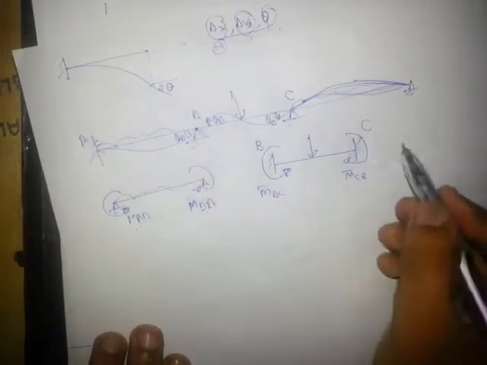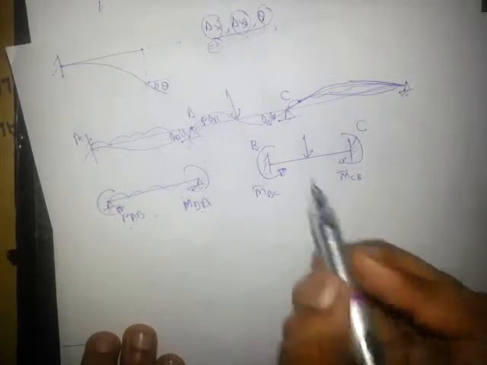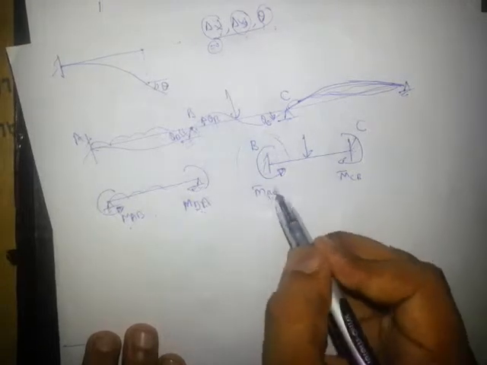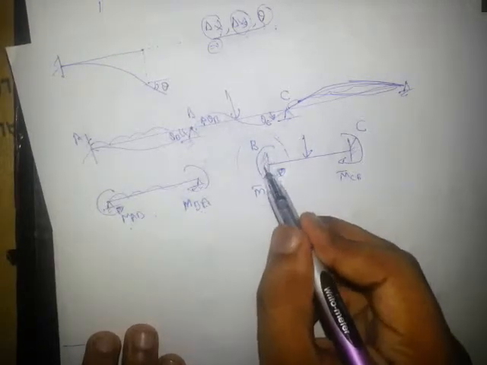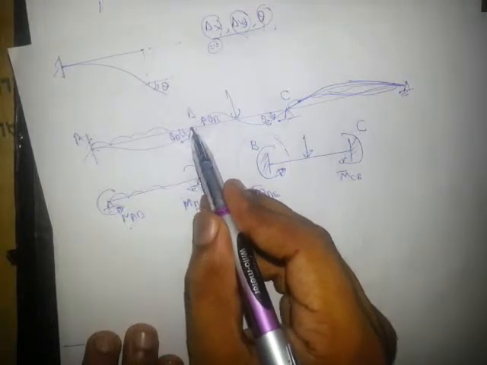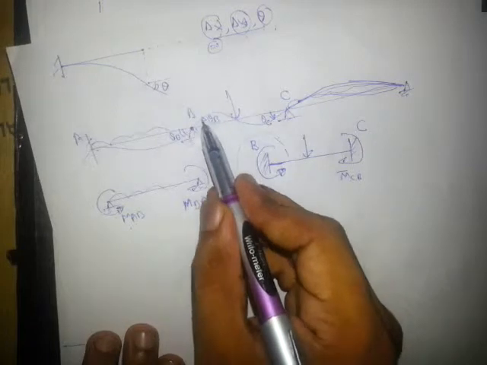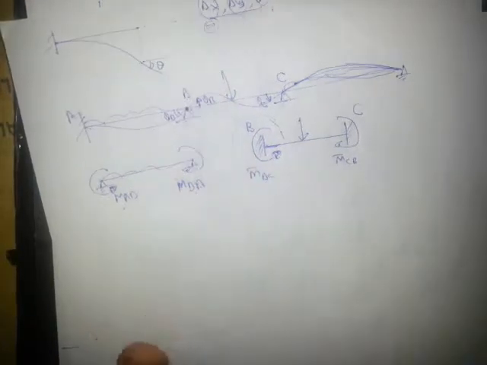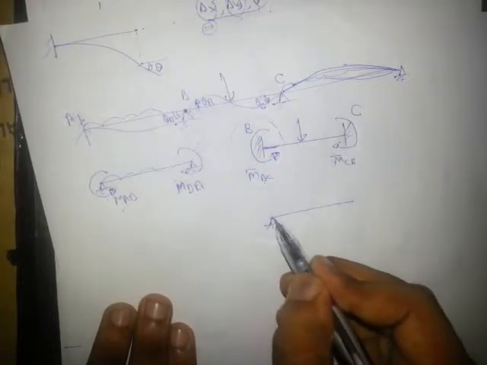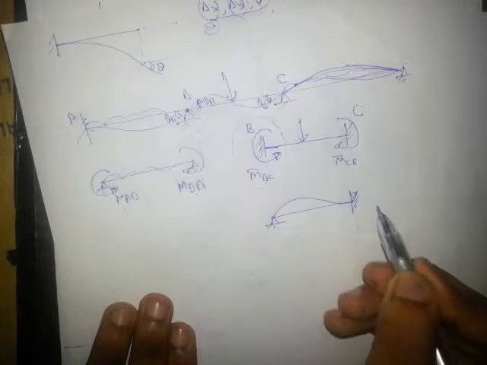Remember, clockwise moments are taken positive and anti-clockwise are taken negative. Whatever the value is, one value is this, but this is not the correct value because this is not fixed. It is rotating. Fixed means theta B should be 0, but there is some theta B present. Now we will think that if theta B is present, this is theta B, let us assume the far end fixed.